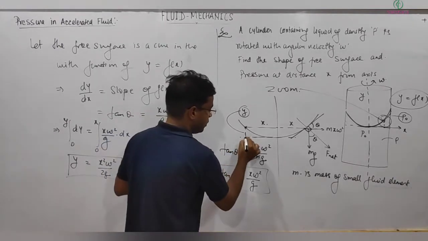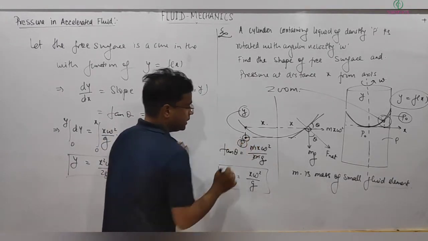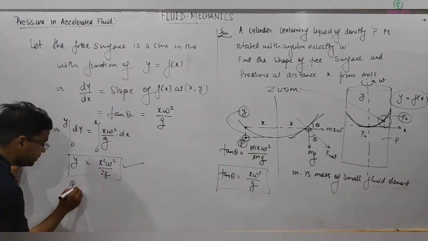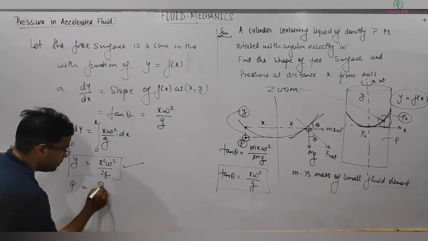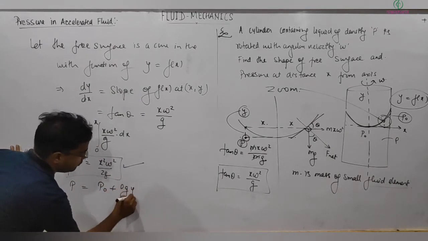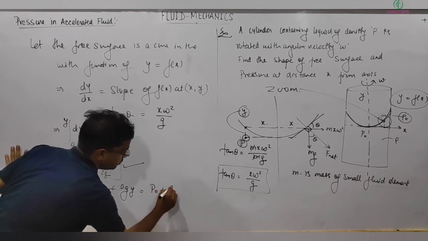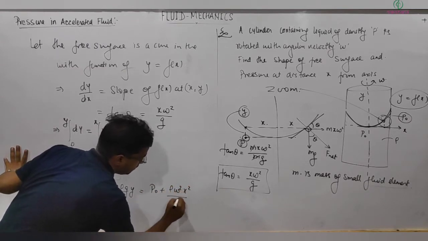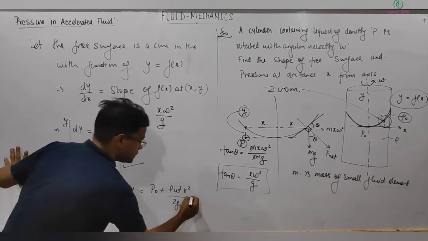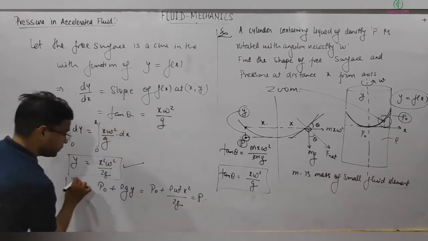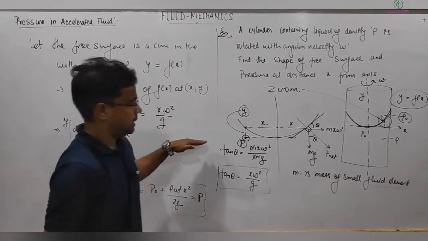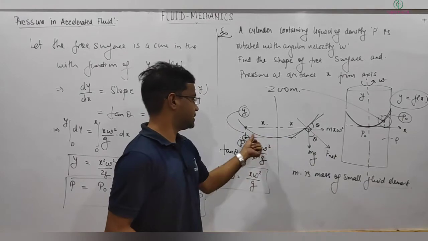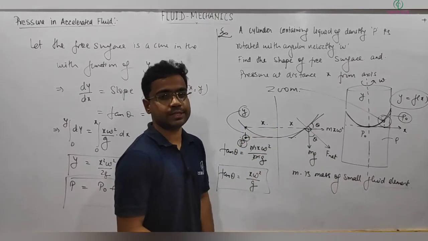So pressure at this point P can be written as P naught plus rho g y, that is P naught plus rho omega square x square by 2g. This is the pressure at this level at distance x from the axis of rotation.